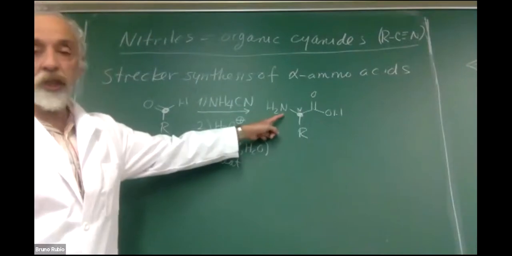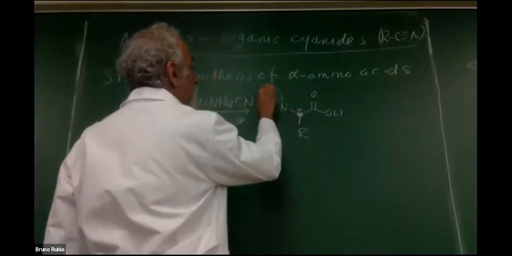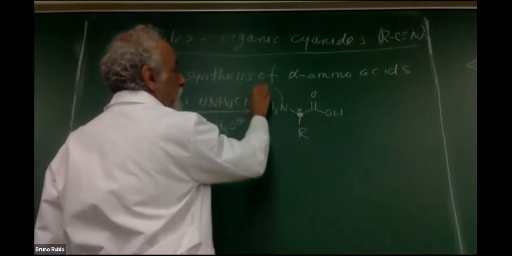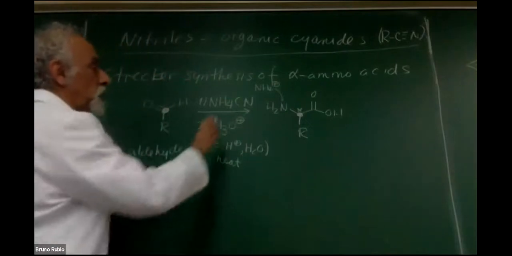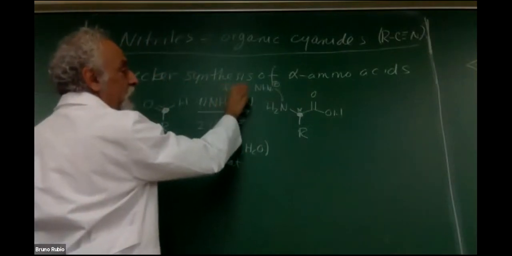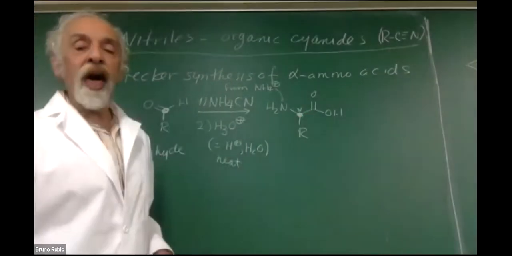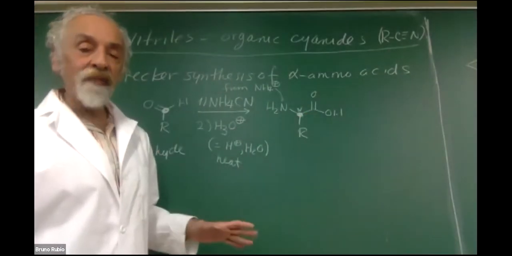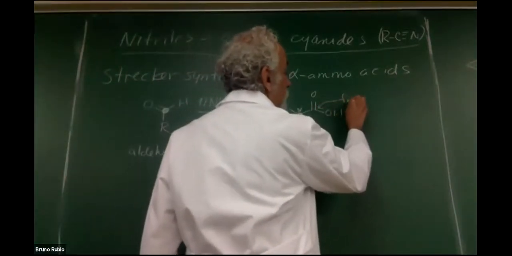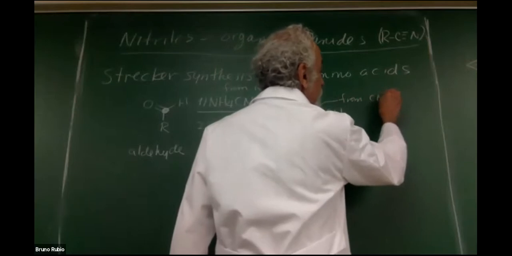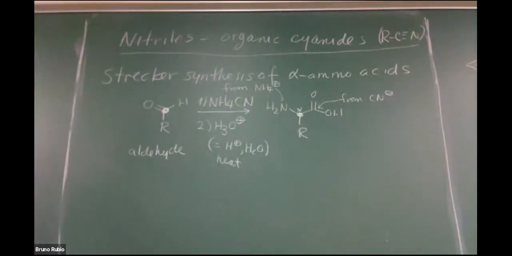The nitrogen in the alpha amino acid came from the ammonium ion in ammonium cyanide, and the carboxylic acid carbon of the alpha amino acid, this guy here, came from the cyanide of the ammonium cyanide.